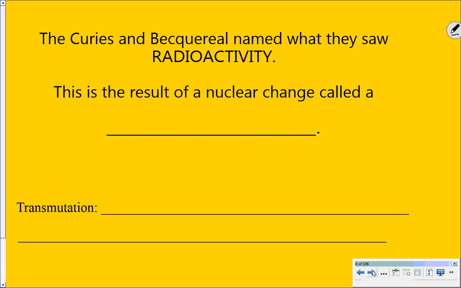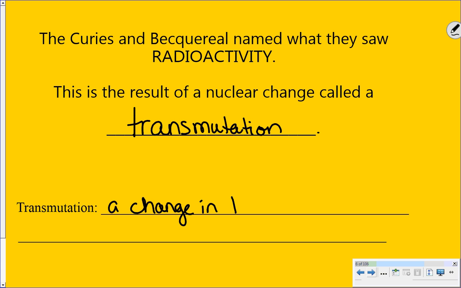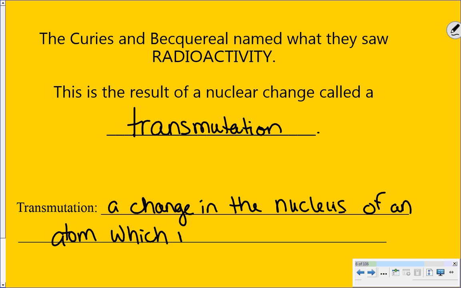And radioactivity is the result of a nuclear change called a transmutation. A transmutation is a change in the nuclear composition, or in the nucleus, of an atom, which results in a different element.